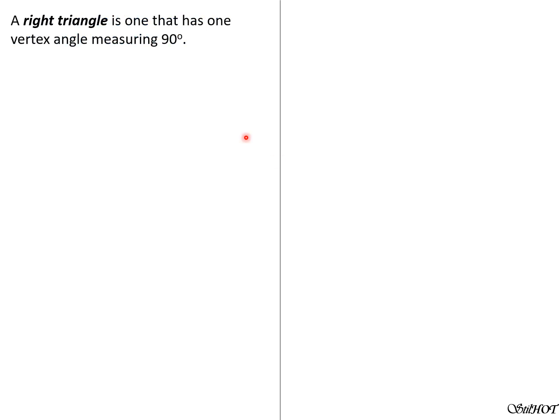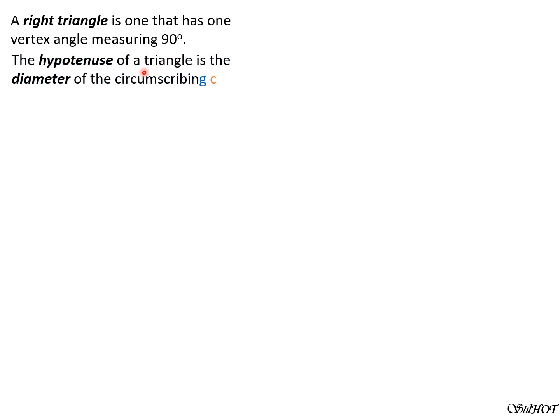So next, we define a right triangle, which has one vertex angle measuring 90 degrees. The hypotenuse of the triangle, we already demonstrated in trigonometry, is the diameter of the circumscribing circle.